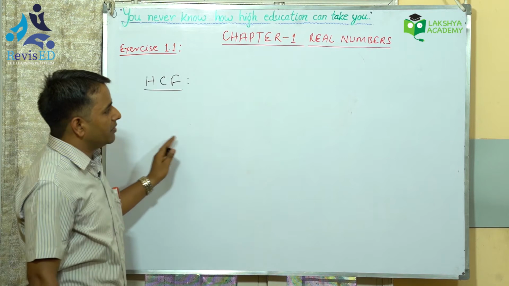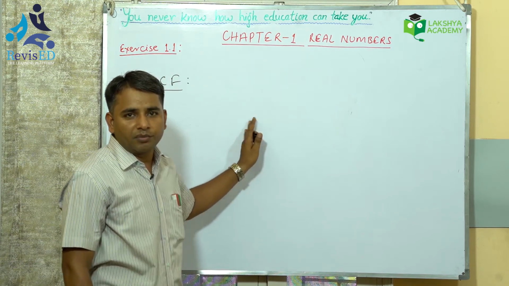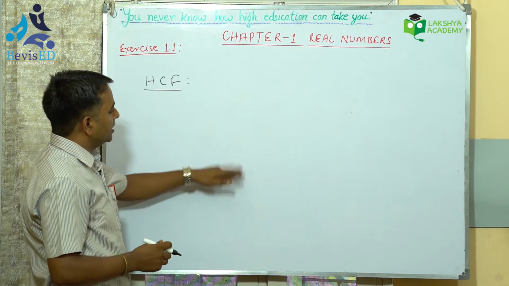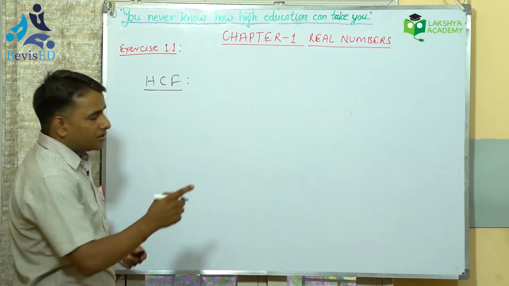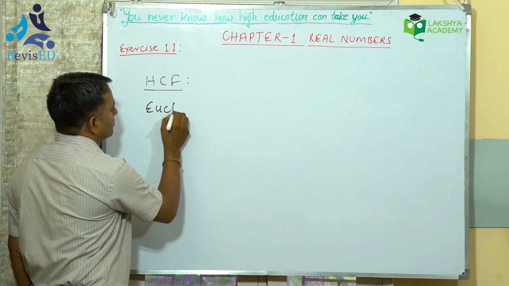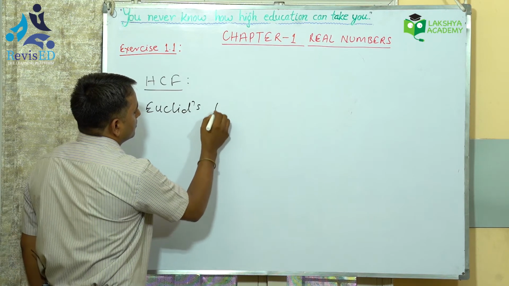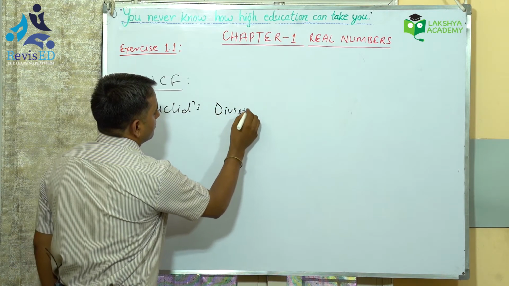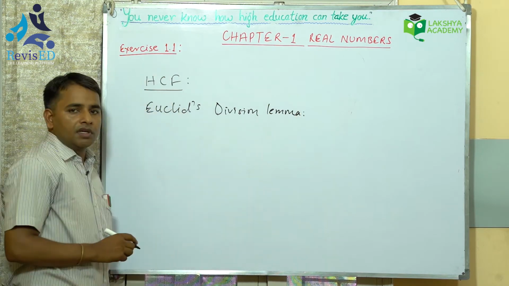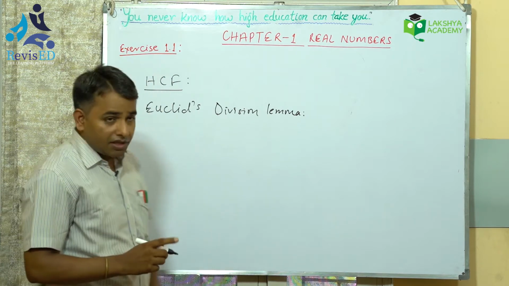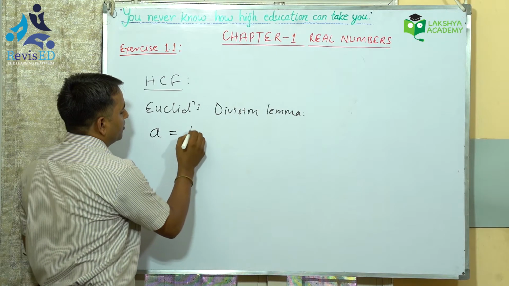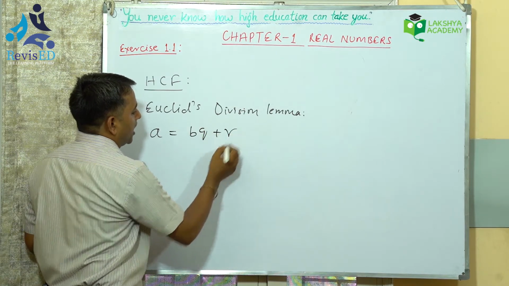Here in this chapter we will be finding the HCF not by simply finding the multiples and then taking the pairs, but by using Euclid's division lemma. In this, A equals BQ plus R.